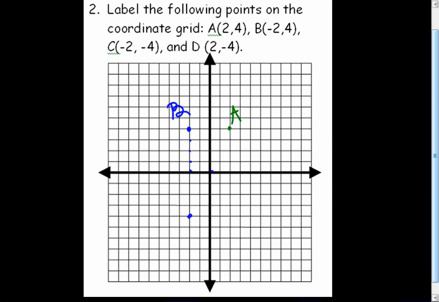Very good. And label that, though. That's C. And D. Michael, you want to do D? Come on up. It's 2, -4.